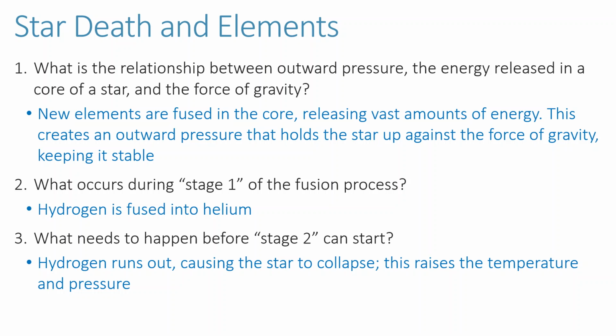So there's nothing pushing out, and gravity is still pushing in, and this causes the star to collapse. Eventually, the star will compress so much that the temperature starts to go up again, and then the fusion process will start back up, this time fusing helium into other heavier elements.